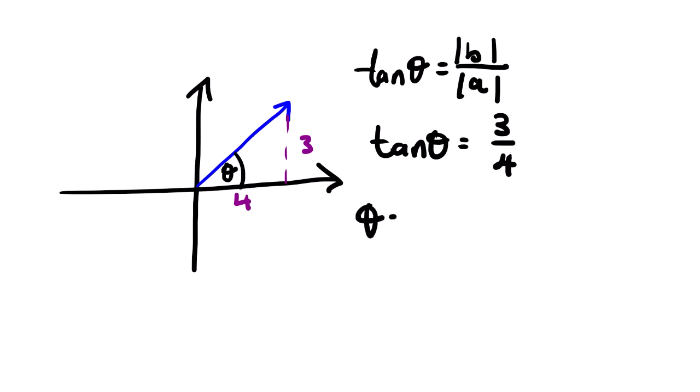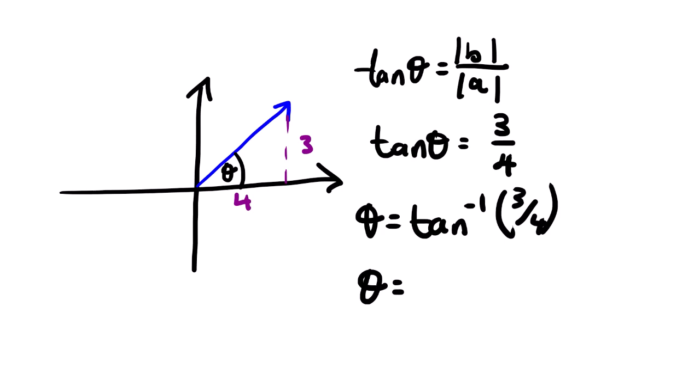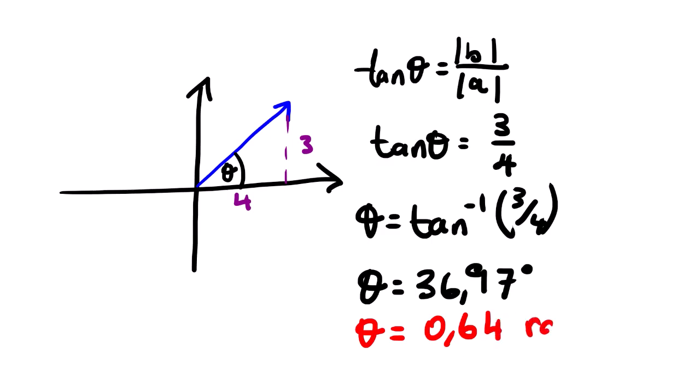Then we take the tan inverse of 3/4, and we get 36.87 degrees, which in radians is 0.64 radians. So this is our argument.